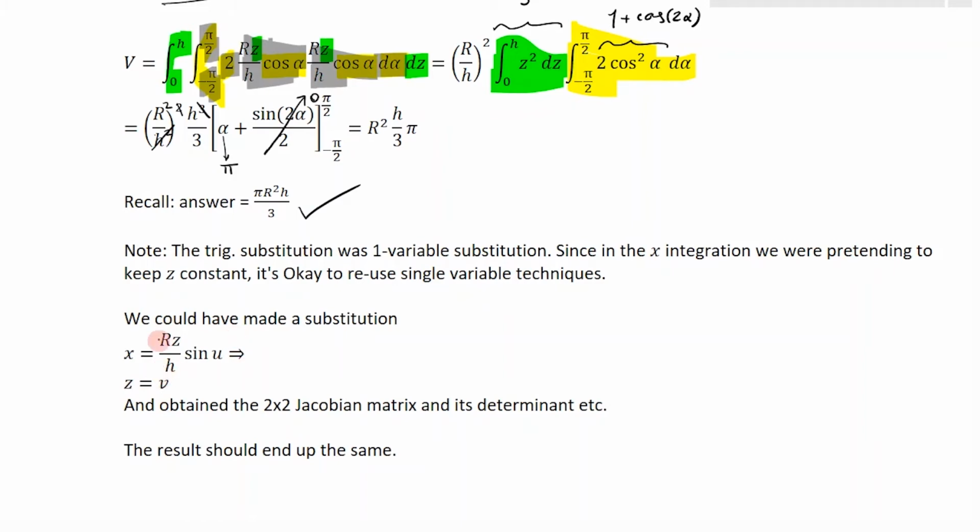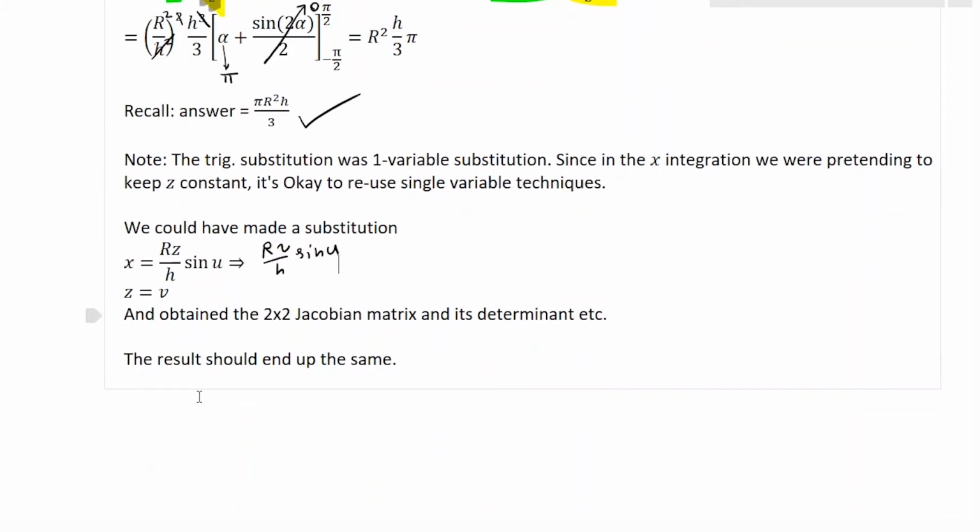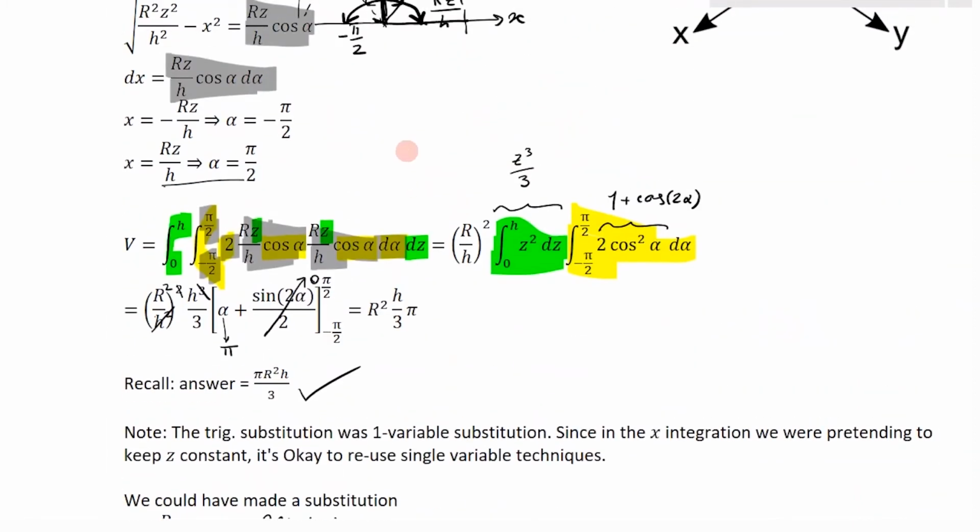I guess we'll rewrite this one as r v over h times sine u. So then x and z become something in terms of v and u and just v. I'm not going to show you the details because I actually haven't tried, but I'm pretty sure you'll get something equivalent. Calculations should end up very similar, and you'll get the same answer.